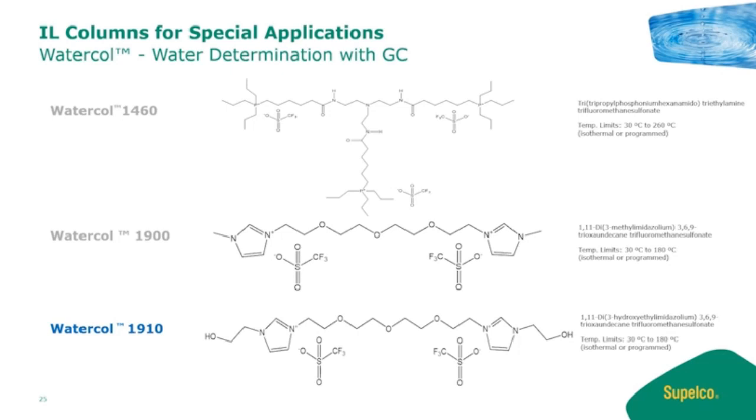Watercol 1900 is a monomethyl substituted imidazolium, and as you can see, it has a PEG linker chain, which gives it some unique selectivity towards water. And then, of course, the Watercol 1910 has a hydroxyethyl substitution on the imidazolium chain, and again, uses the triflate anion to provide the unique selectivity or inertness towards water and these highly polar analytes.